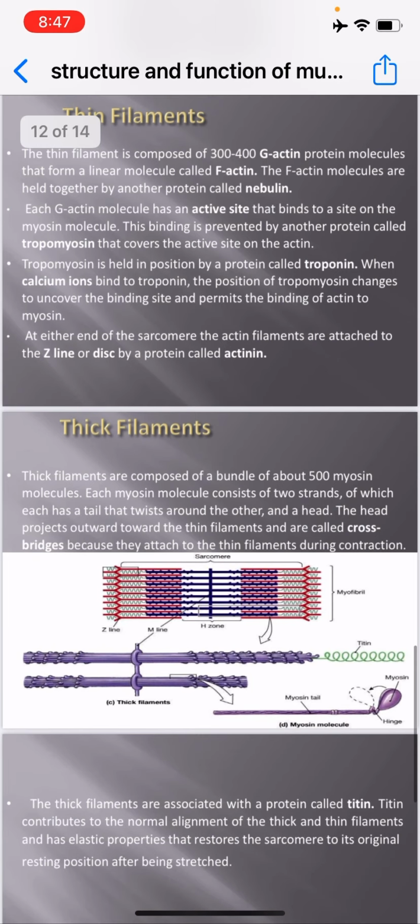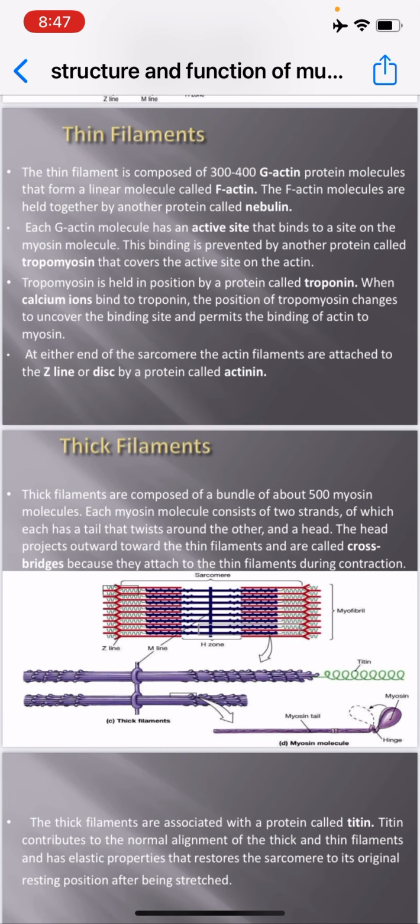Now let's come to the thin filaments. The thin filament is composed of 300 to 400 G-actin protein molecules that form a linear molecule called F-actin. The F-actin molecules are held together by another protein called nebulin. Each G-actin molecule has an active site that binds to a site on the myosin molecule. This binding is prevented by another protein called tropomyosin that covers the active site on the actin.